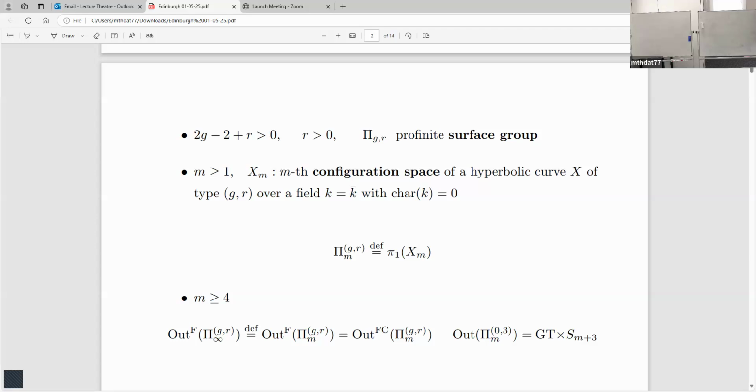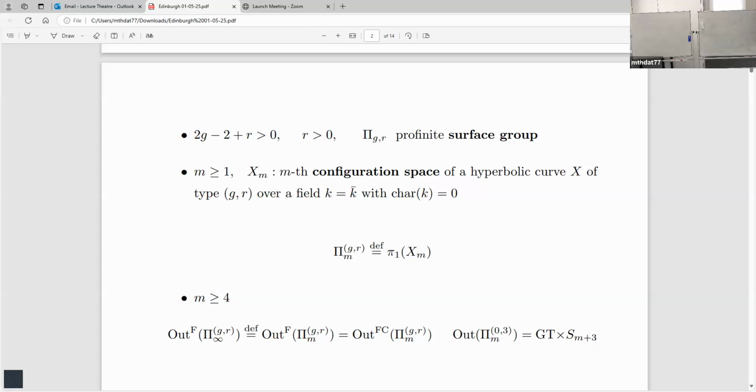I want to state a result in combinatorial anabelian geometry. We have these groups Out and Out^F, which appeared in several talks, so let me recall briefly what they are. The notation Out always stands for outer automorphisms, that is, automorphisms modulo inner automorphisms. Out^F and Out^FC are subgroups of the group of outer automorphisms. What is Out^F?